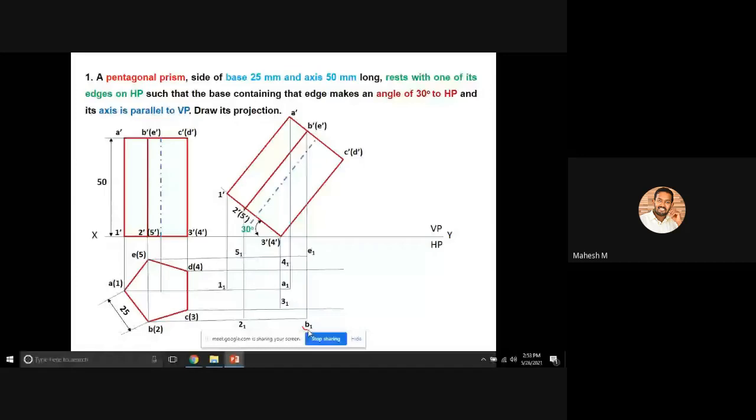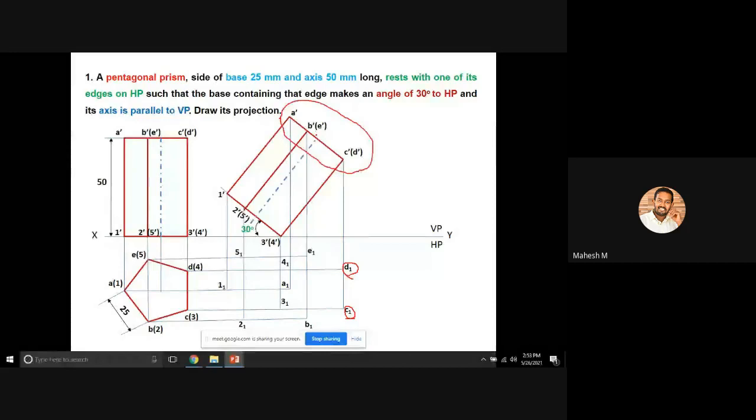Similarly, you can project the vertical lines from points C and D, creating another 2 corners, C1 and D1. You can connect these 5 points with a continuous line, because this top surface is not a hidden surface.